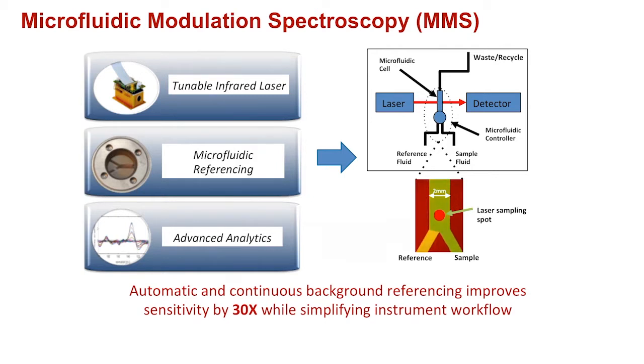The real-time buffer subtraction and auto-referencing greatly enhance the sensitivity of the measurement and produce nearly drift-free signal. Compared to conventional FTIR, MMS improves about 30 times in sensitivity.